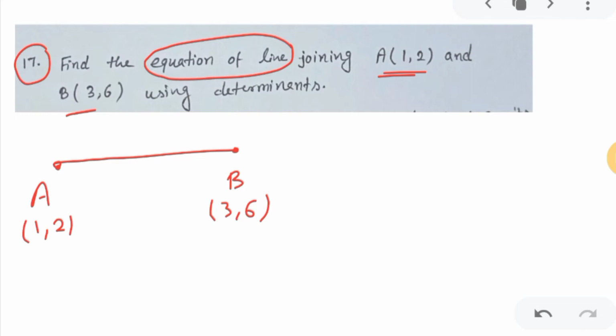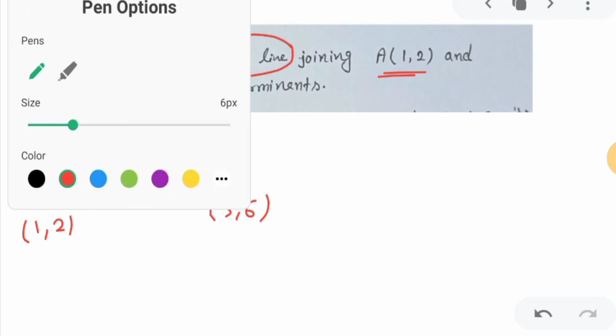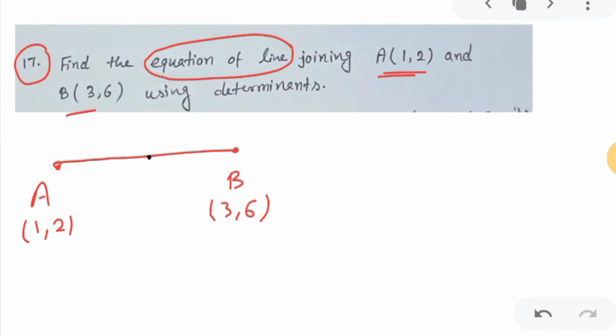So I will take any other point as a variable. Suppose I took point C, with coordinates x, y, on this line. If I take point C on this line, then these 3 points will be collinear. And we know that if these 3 points make a triangle, the area of the triangle will be 0.